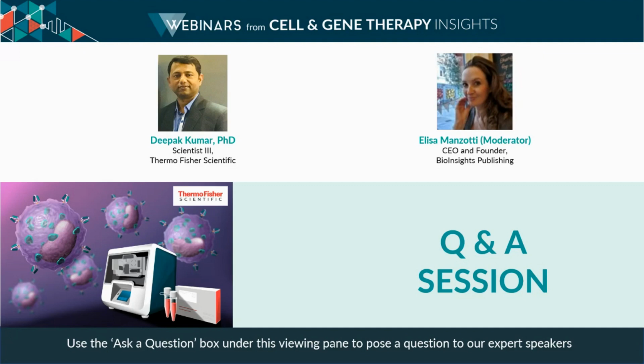Our next question: could you provide more details about how Rotea helps prepare cells for Xenon electroporation? Thank you so much. Electroporation requires removing the cells from the media, washing them, concentrating them, and then resuspending them in electroporation buffer at very high density, like 20 to 100 million cells per ml.